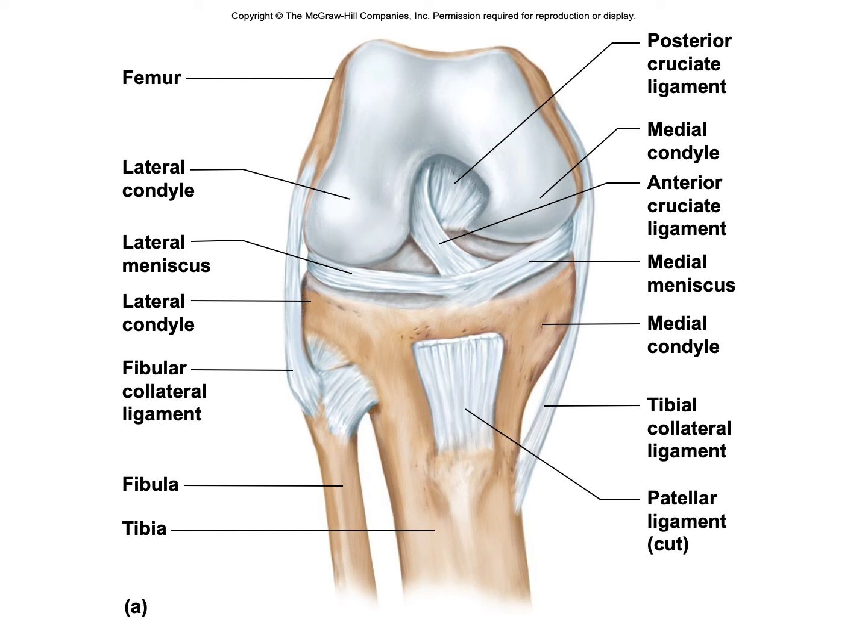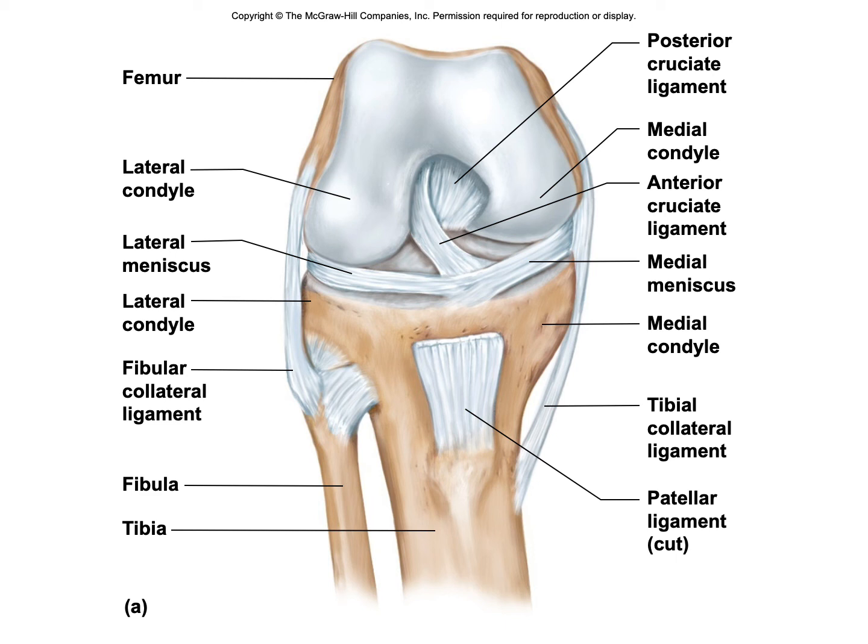Anterior cruciate ligament, notice, connects to the anterior portion of the tibia, that's where the name comes from. ACL, or anterior cruciate ligament, connects the anterior tibia to the posterior lateral condyle of the femur. Posterior cruciate ligament connects the posterior tibia to the anteromedial portion of the femur condyle.